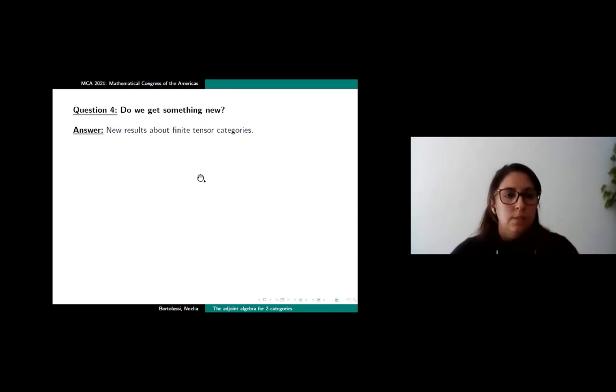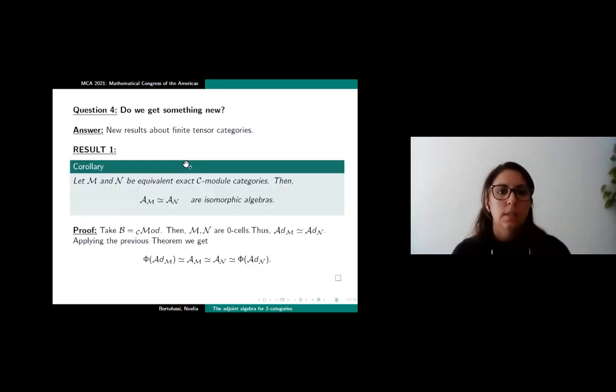A first result is an immediate consequence of what we saw. If you take M and N equivalent exact C-modules, then the Shimizu adjoint algebras are isomorphic. How can you prove this? Well, it's easy. You take the 2-category of C-modules, then M and N are 0-cells there.